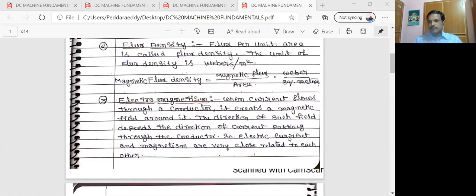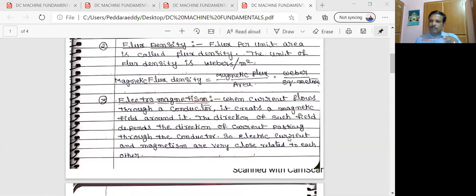If you assume this is one conductor, when current flows through it, flux is produced around the conductor, and the direction of the magnetic flux depends upon the direction of current.